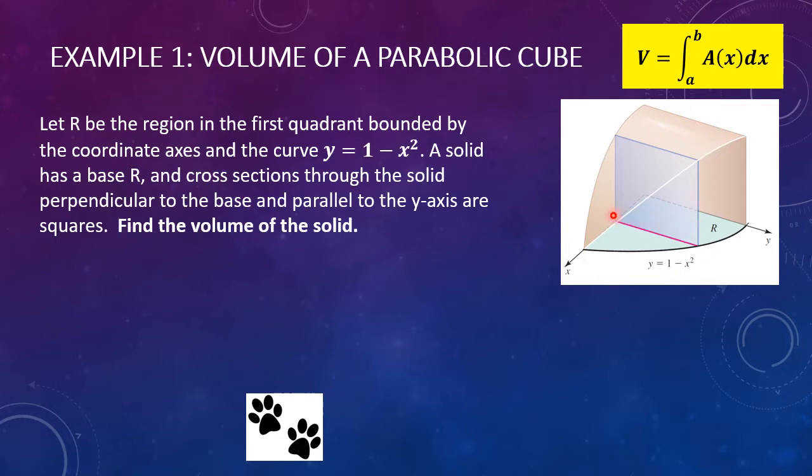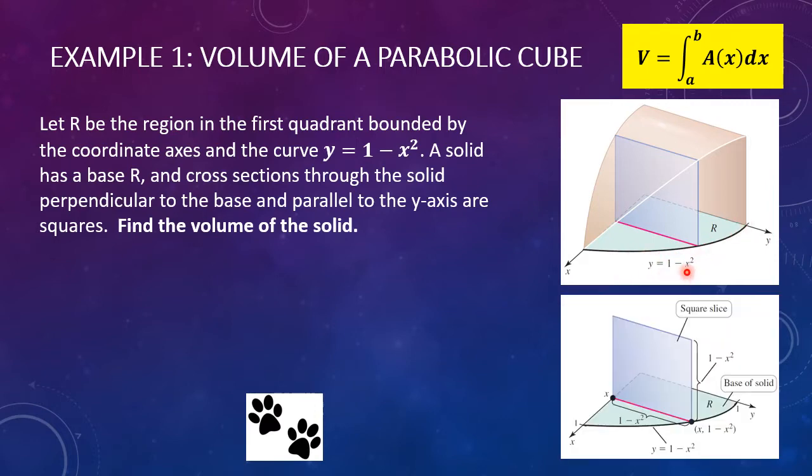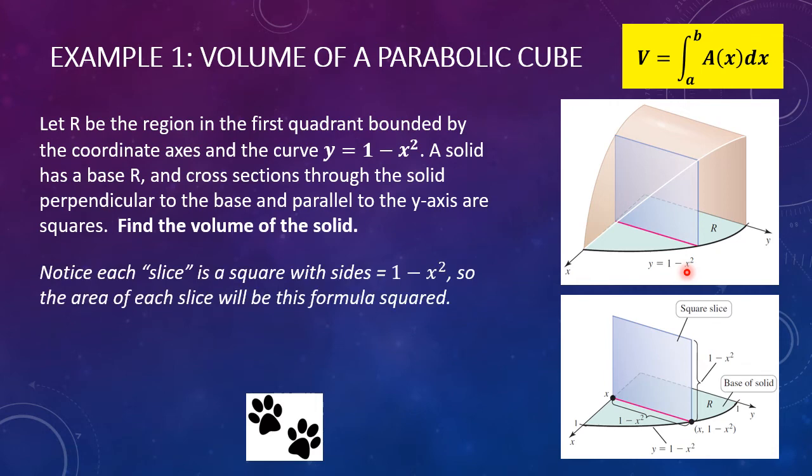Notice that each side of the square is the length given by the formula y equals 1 minus x squared. Here's a way to see it almost in two dimensions, somewhat three-dimensional. But notice each slice is a square with sides 1 minus x squared. So the area of the slice will be this formula squared, as I just mentioned. So that is what we're going to integrate.